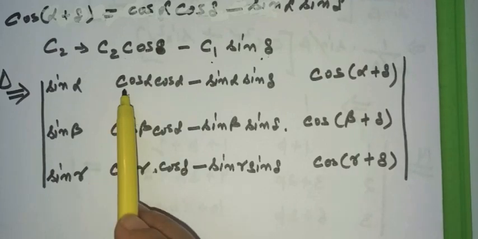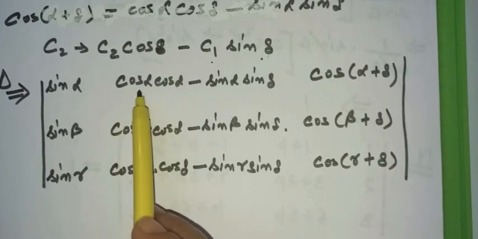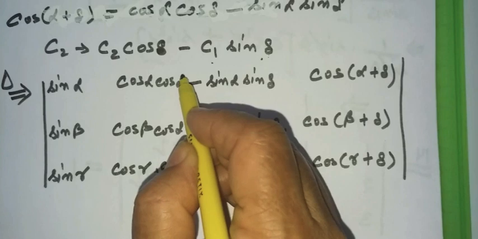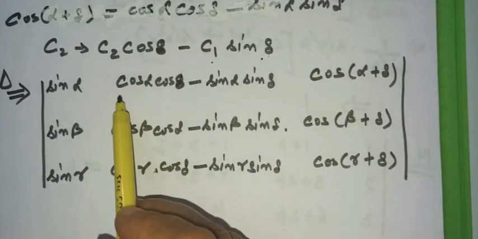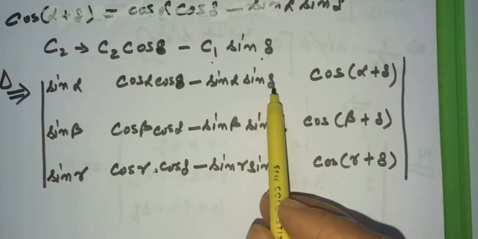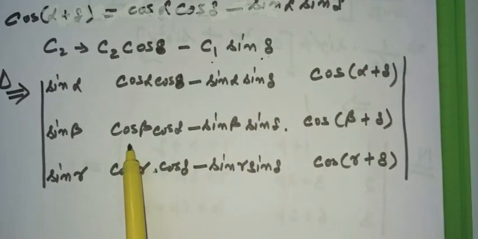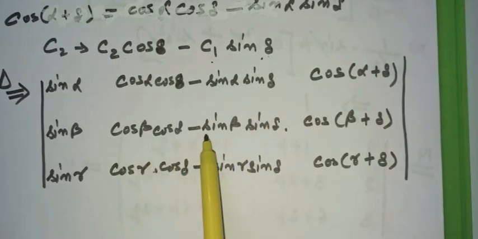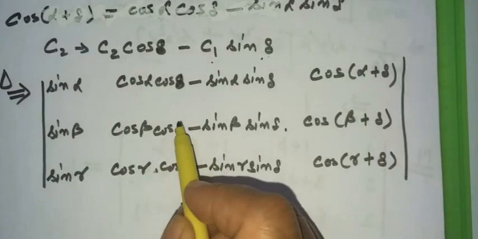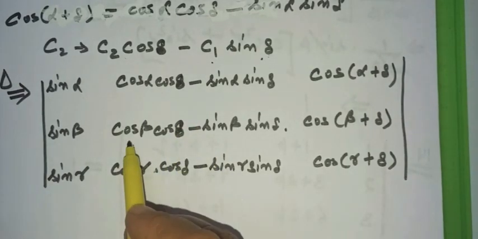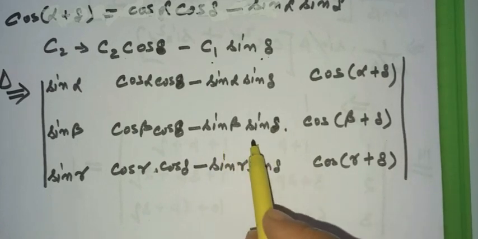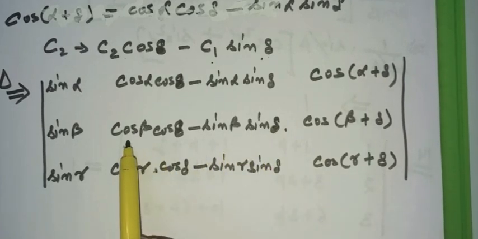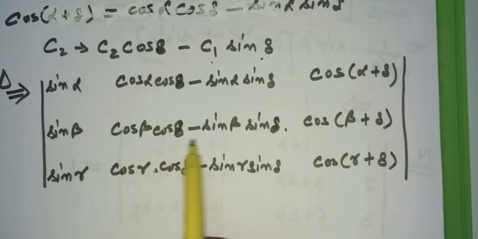Now please see the first term of the second column, cos alpha cos delta minus sin alpha sin delta. So this number is cos alpha plus delta. Then cos delta cos beta minus sin delta sin beta. So this is the formula of cos beta plus delta.